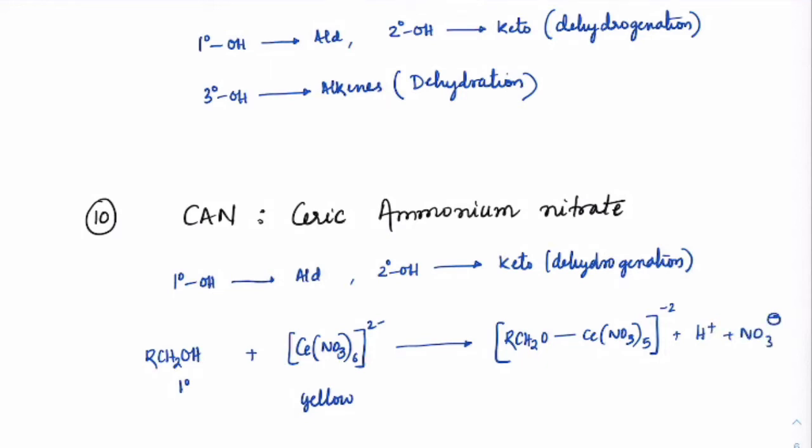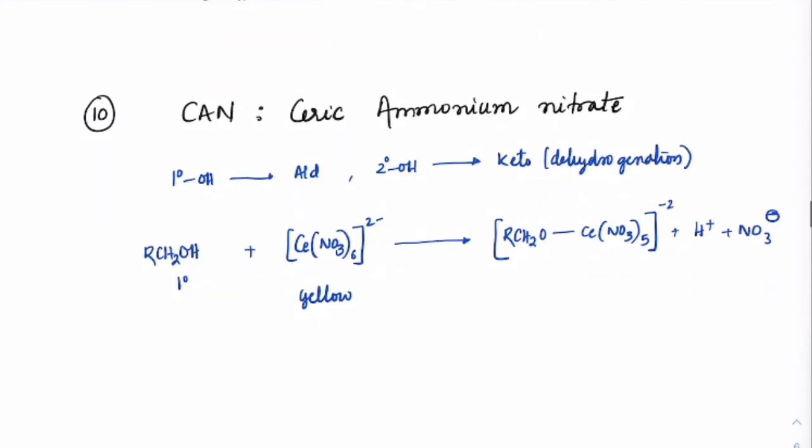Ammonium is there, so ammonium will take this and become ammonium nitrate. And this part which is formed here appears red in color. That's how we confirm that it must be primary alcohol.